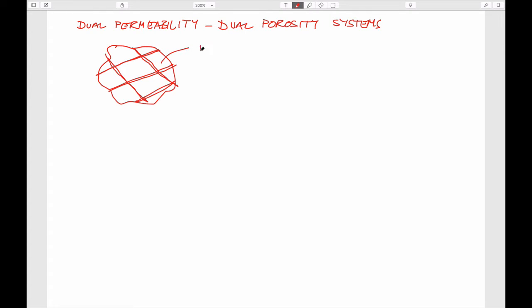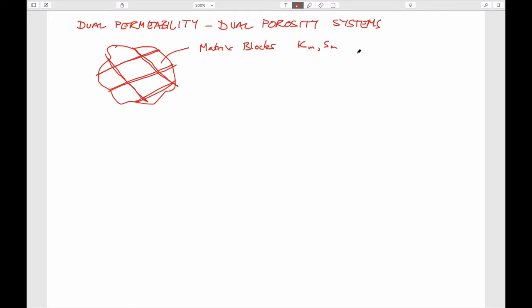So the matrix blocks typically have, and I'm trying to think what terminology we use, we use a conductivity for the matrix and a storage for the matrix.